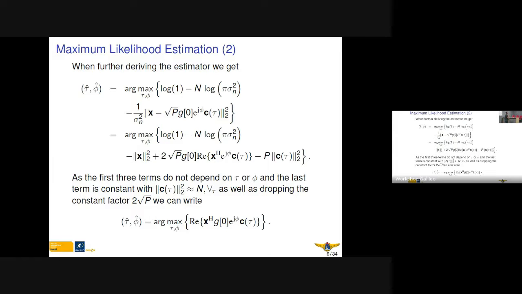The first three terms are not dependent on the parameters that we are estimating, so not dependent on tau or phi.